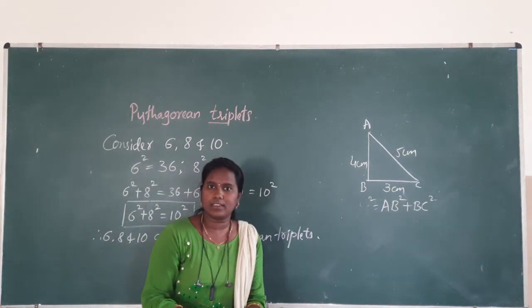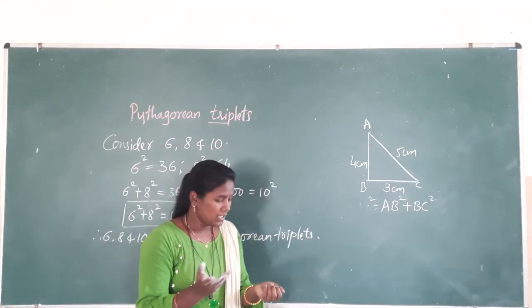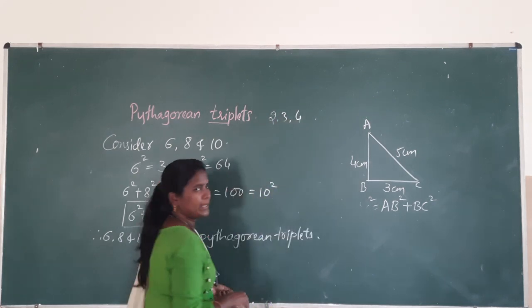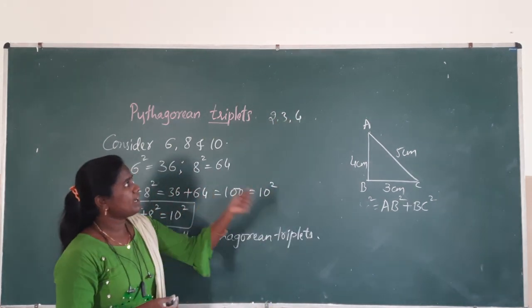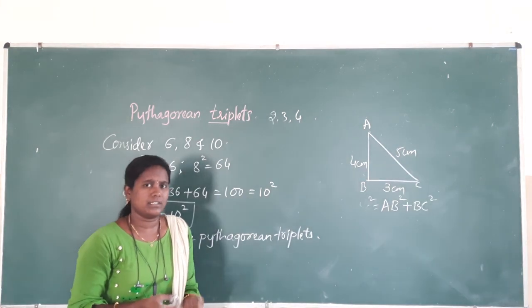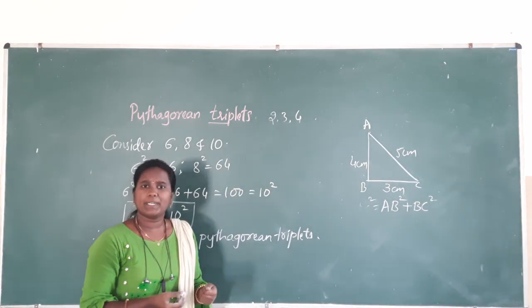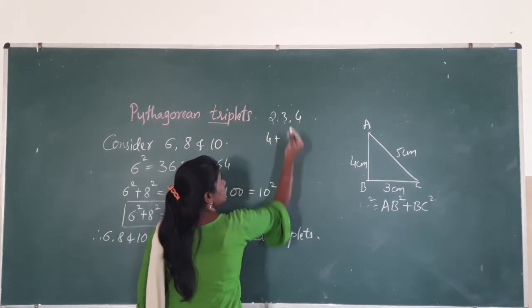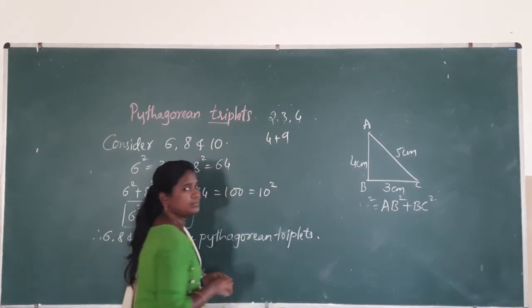Sometimes you will think we can take any other numbers. If you take 2, 3 and 4, you may say they are Pythagorean triplets. Is it correct? Let us see. 2 square is 4, 3 square is 9.